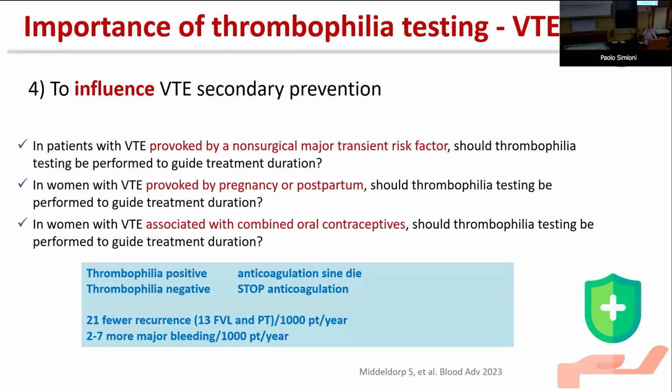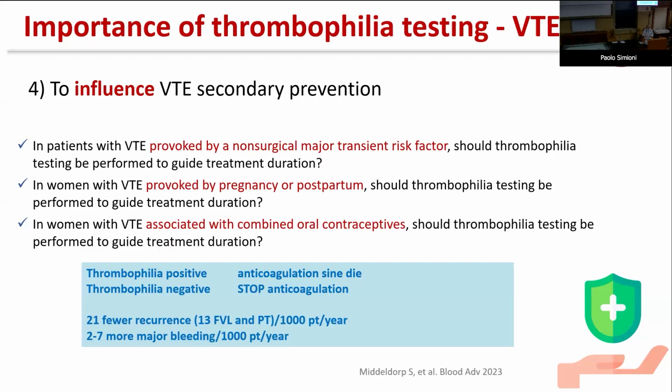I want to just focus on some general points, mainly related to what I will do in a patient with, say, a non-surgical major transient risk factor who has developed a DVT, or a DVT because of pregnancy, or a DVT after oral contraceptive. What I would do is just treat this patient for 3 months with oral anticoagulants.